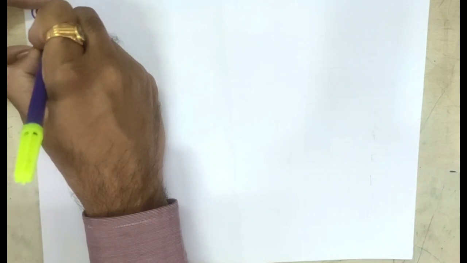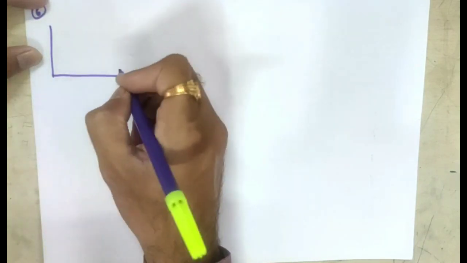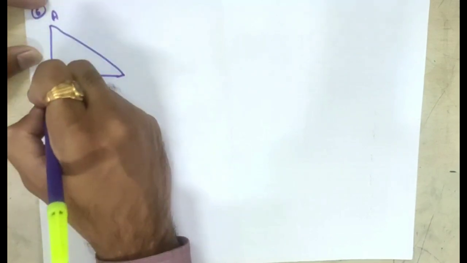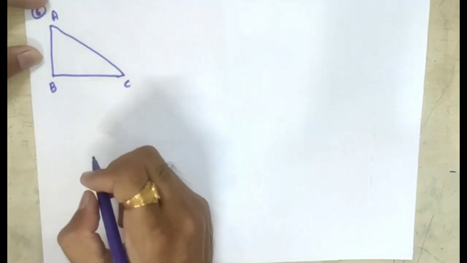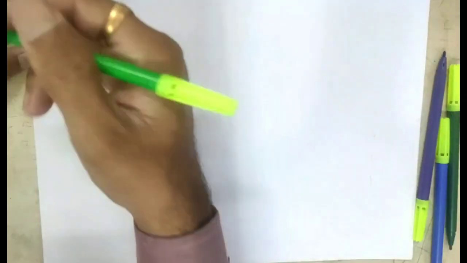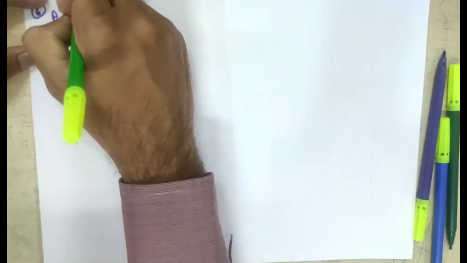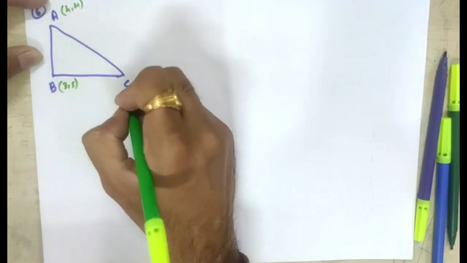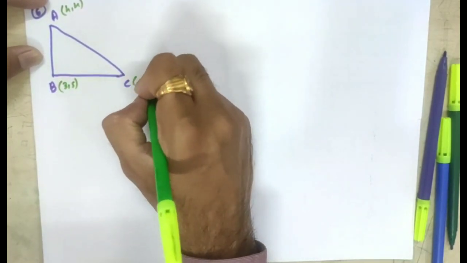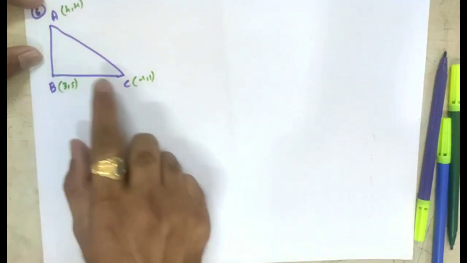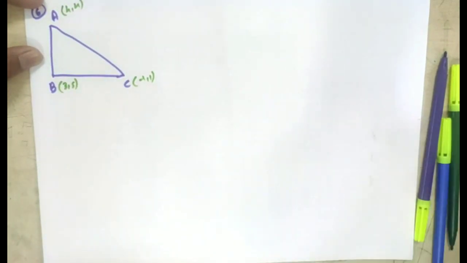In short, we are given the vertices of a right angle triangle. Let's say the vertices are A, B and C. Coordinates of A are 4 4, B is 3 5 and C is minus 1 1. We have to prove that these are the vertices of a right angle triangle.